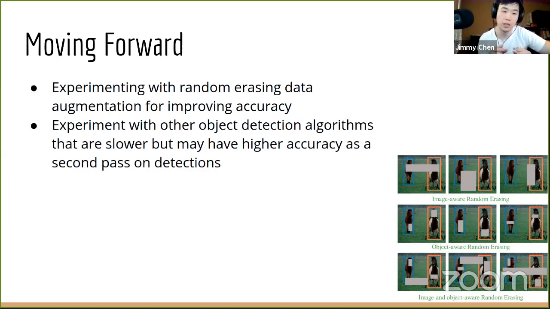So if you had a dog recognition model, it will sometimes focus only on the dog's face. Then if the dog's face is covered, it'll fail to detect that there's a dog in that picture. So to mitigate this, you can randomly block off parts of the image so that the model cannot focus on only one specific part of the object you're trying to detect.